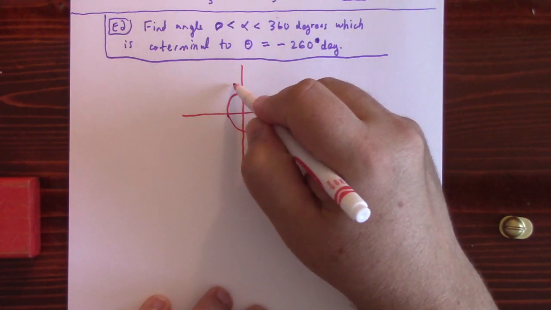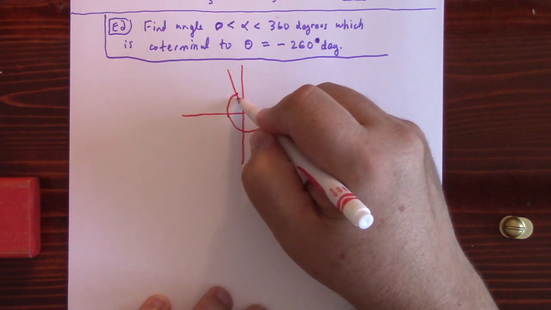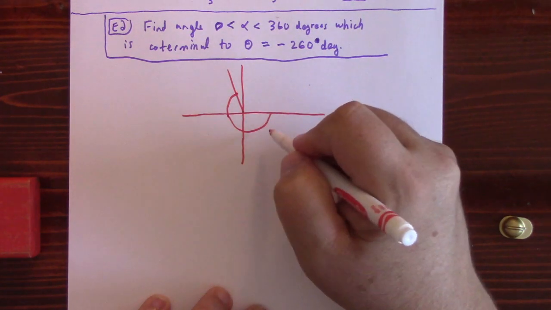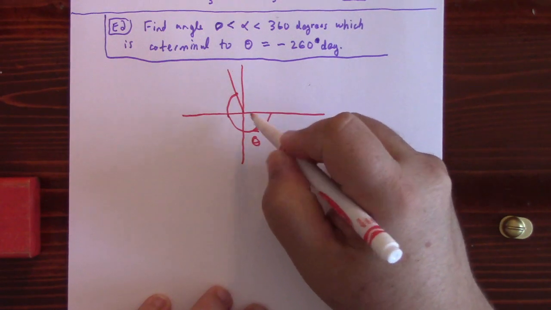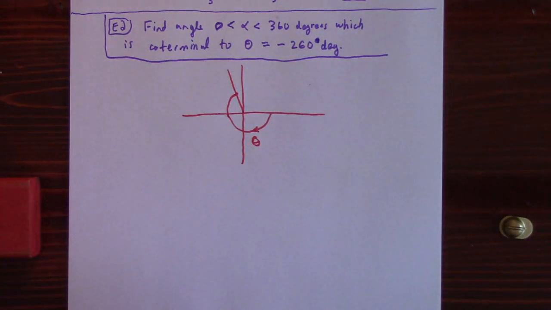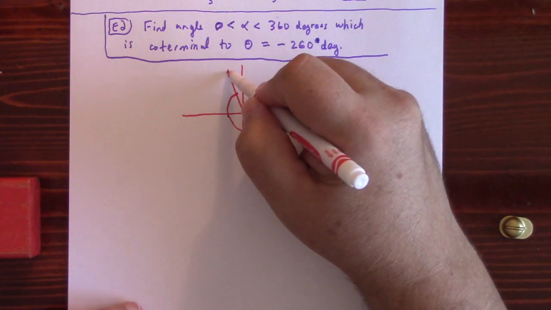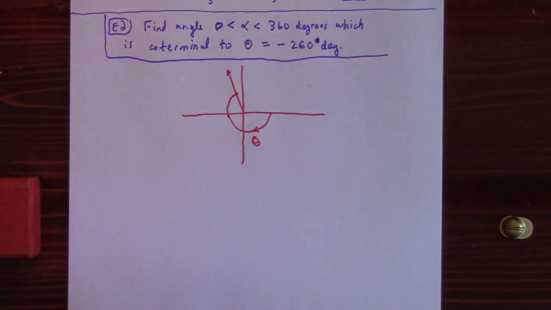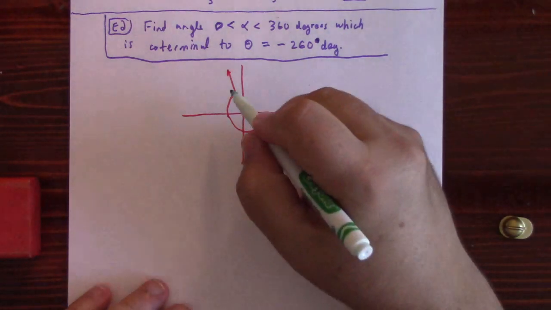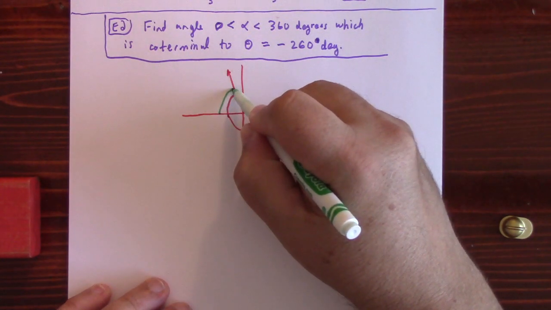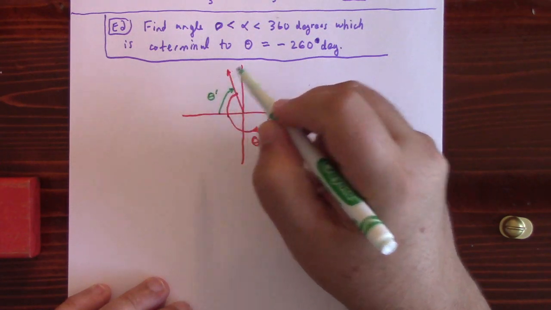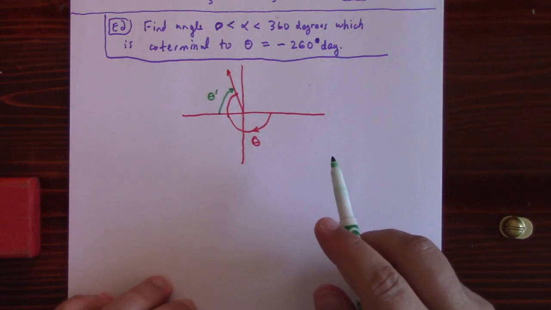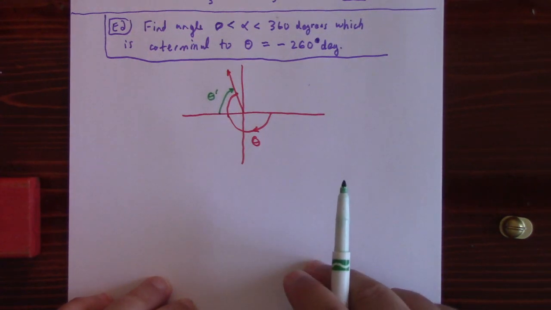So basically the reference angle, this right here, I'll make it green, the reference angle is 80 degrees. See that? That's the theta prime. Now, I didn't ask about that in example 2, I'm just saying that's the reference angle.